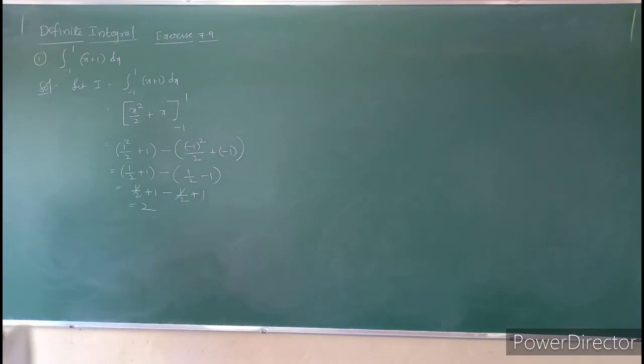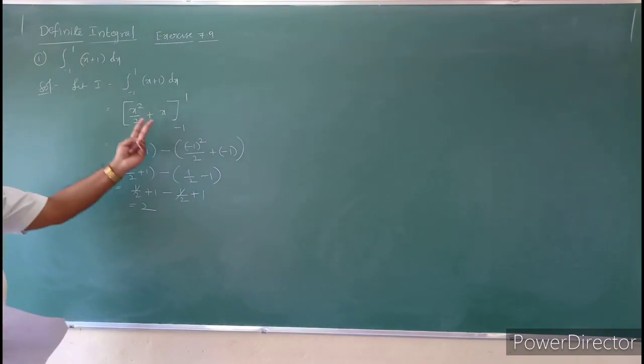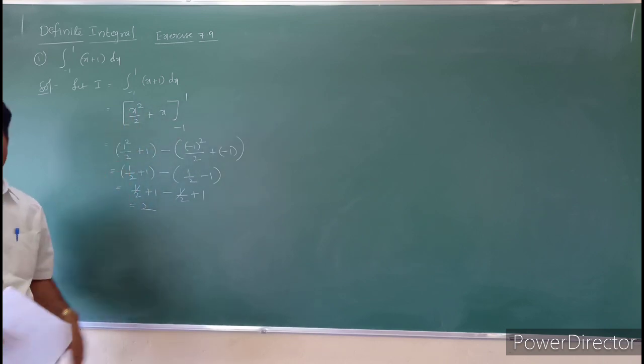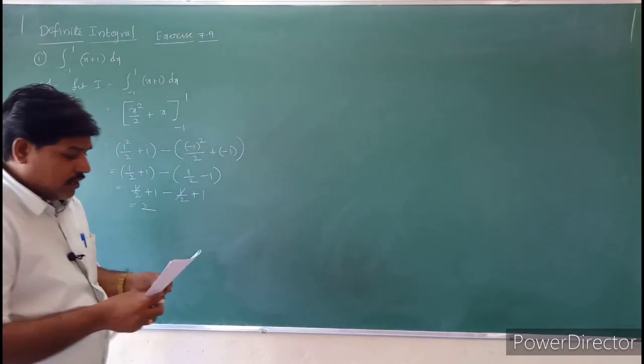The answer is 2. So just apply the integration first, then take the upper limit, then the lower limit, and you will get the answer. Okay, see the next question, students.